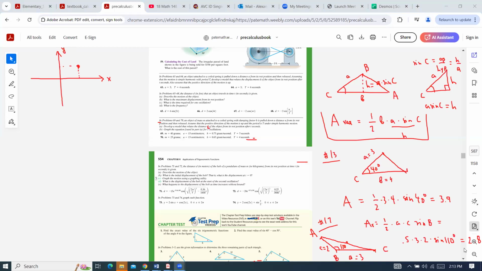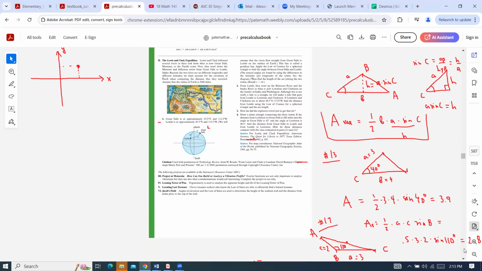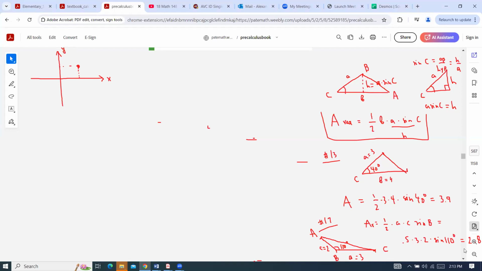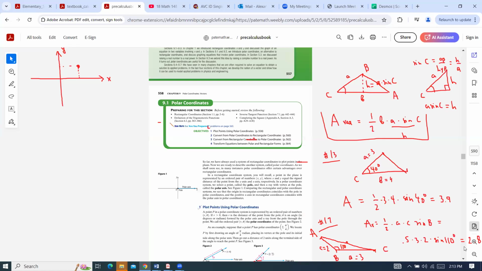And that's totally different from the description we're going to get in the last chapter of this class. And I'm just waiting for it to open. So that's called chapter 9. So I wanted to look at the first two sections of it, called polar coordinates.